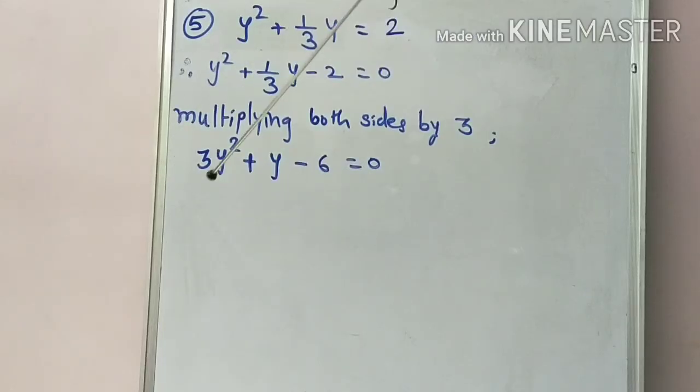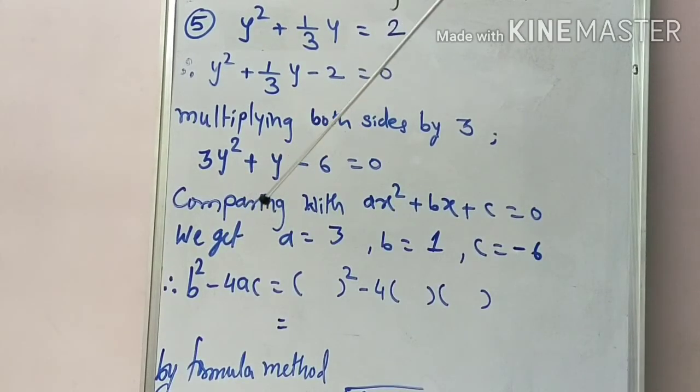So now the equation is 3y square, as we multiply y square by 3, plus y, as that 3 is eliminated, minus 3 2s are 6, as we multiply that 2 by 3, equal to 0. So now it's quite easy to simplify, so compare this equation with the general form and find out the values of a, b and c.